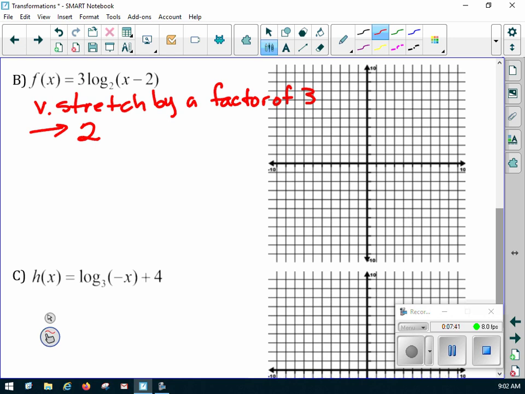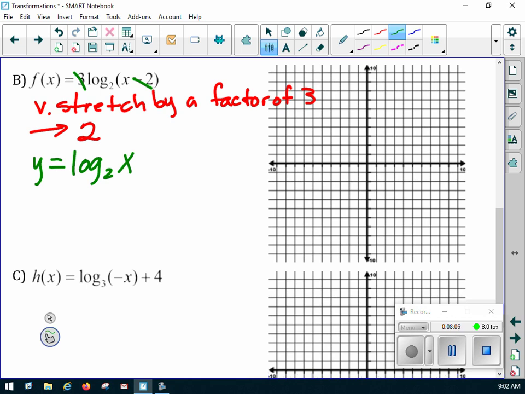Yeah. Okay. So now we're going to take off the transformations and figure out what our parent graph is. Take off the moves. What are we left with if we take that off and that off? Log base 2 of x.